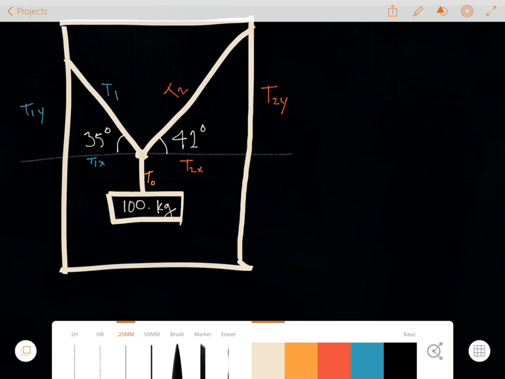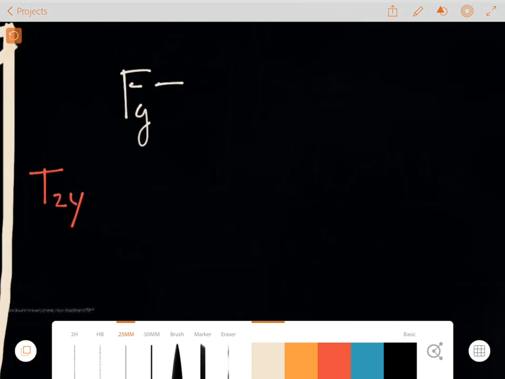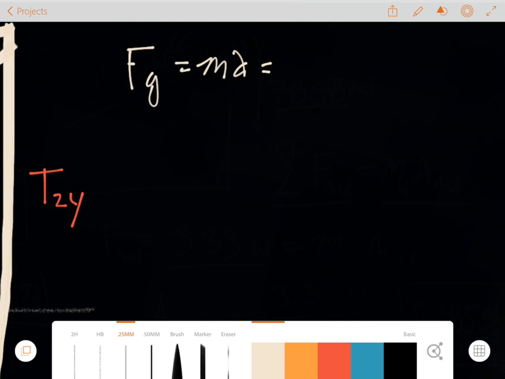All right, so first thing I'm going to do is calculate the force of gravity acting down on this object. So the force of gravity equals mass times acceleration. So I'm going to zoom in here. Force of gravity equals ma, and that's going to be 100 kilograms times 9.81 meters per second squared, which is 981 newtons.